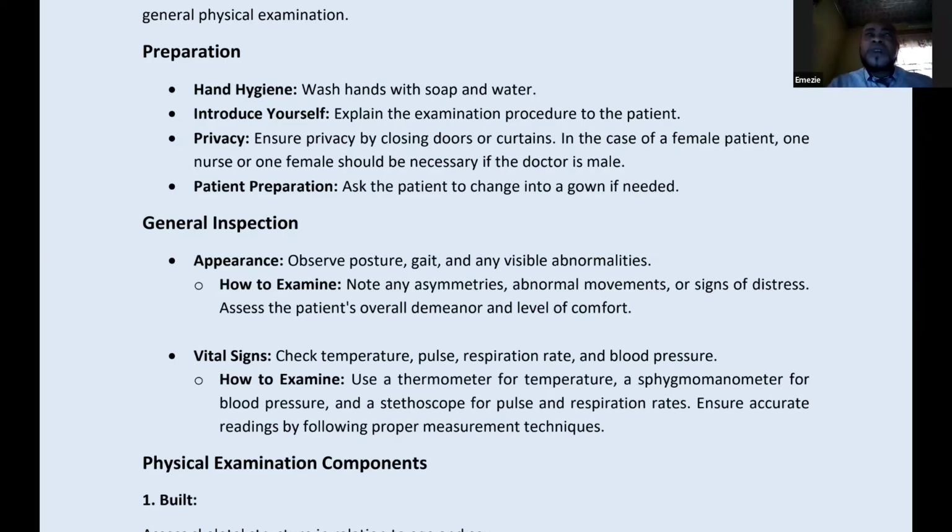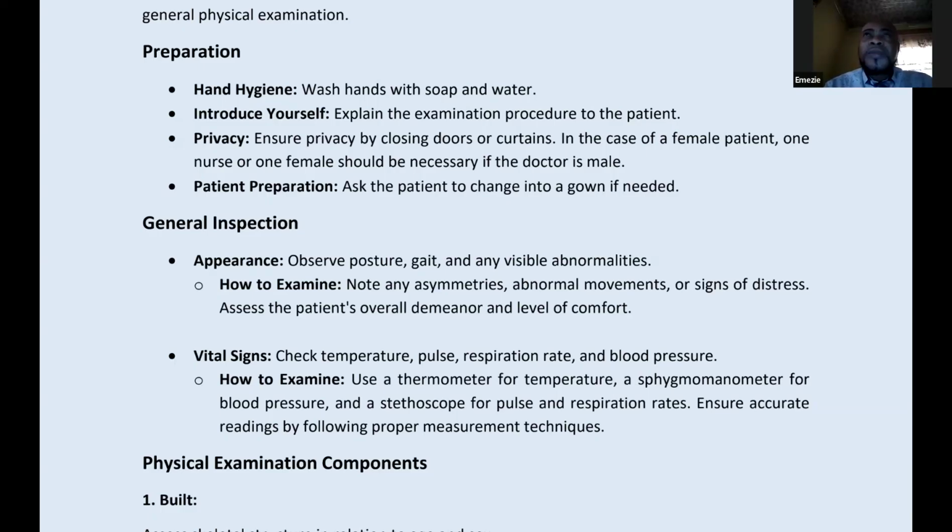Auscultation means we use a stethoscope. We listen to the chest and the heart to see what we find. So that is IPPA. But in general physical examination, we only make use of inspection and palpation. When we're inspecting, what are we looking for?